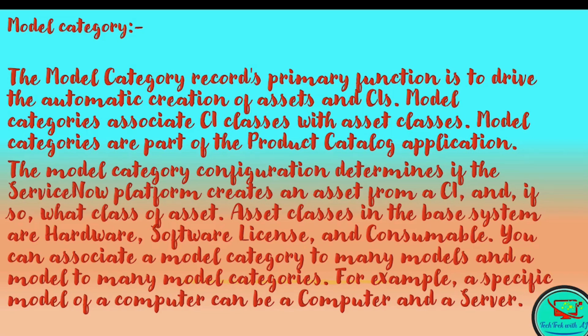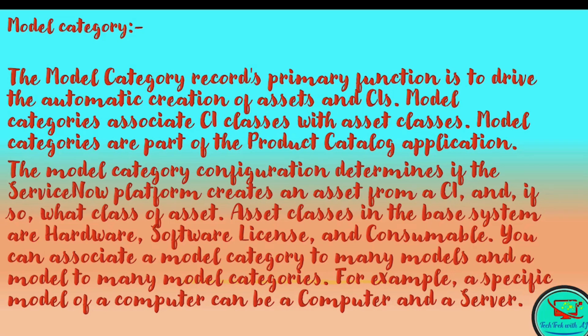So it helps to give clear information about how the CI is related to an asset. When we are going to create an asset, we are going to select a model, right? Based on that particular model, model categories are defined, and based on that the CI will be created in that specific class.